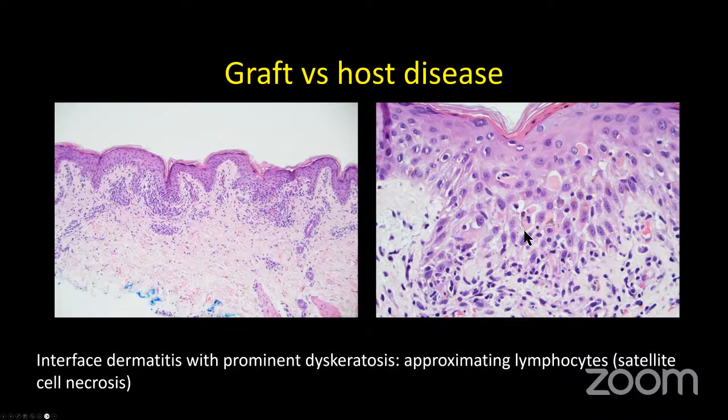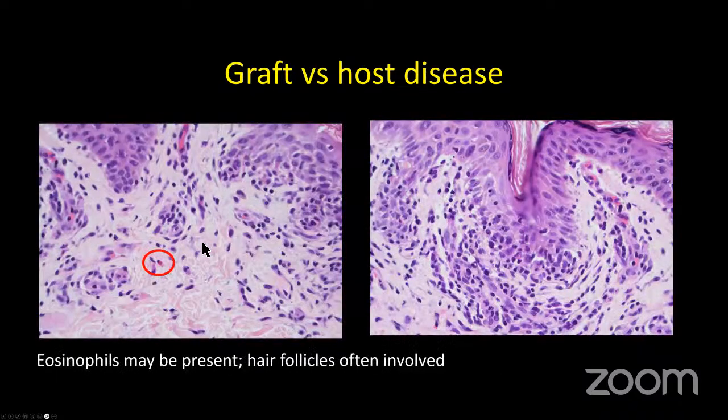Remember the satellite cell necrosis. You can have eosinophils, so you can't necessarily use the presence or absence of eosinophils to differentiate drug from graft-versus-host. For those of you who see these biopsies, not everybody does, usually we're asked to differentiate it from drug, and honestly, you can't with certainty.